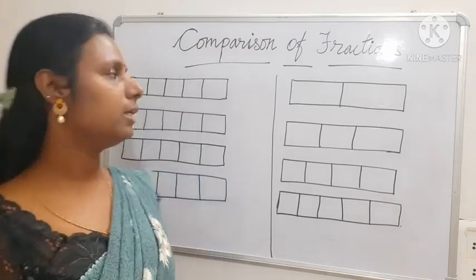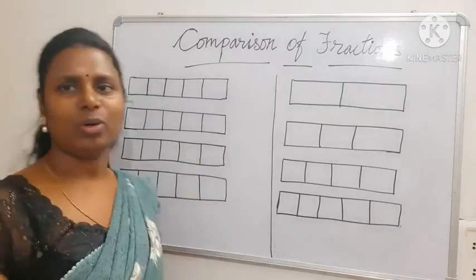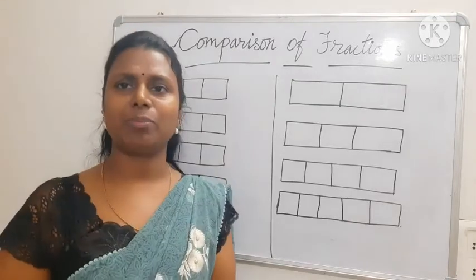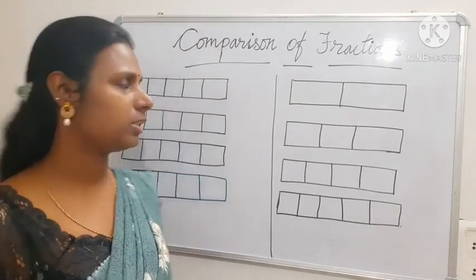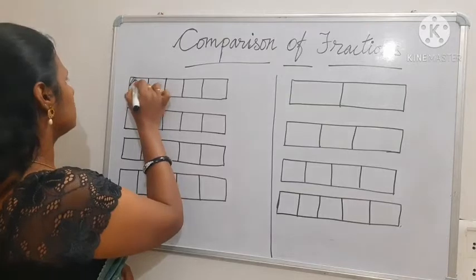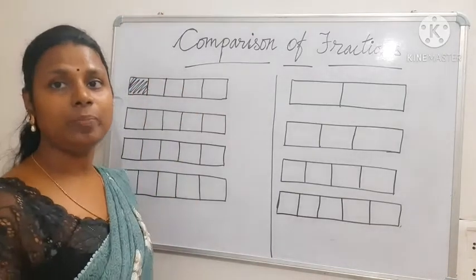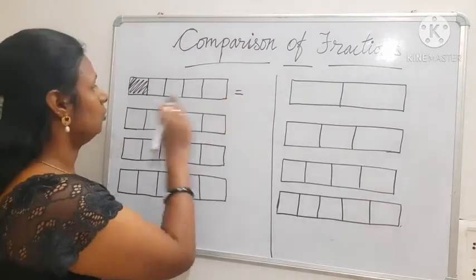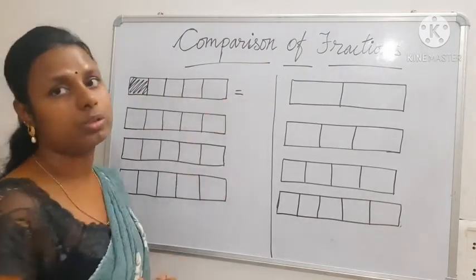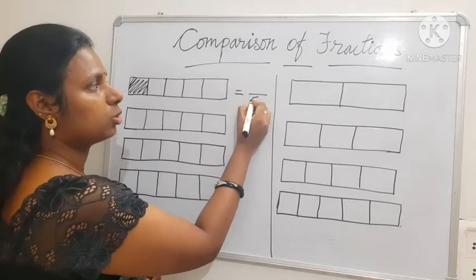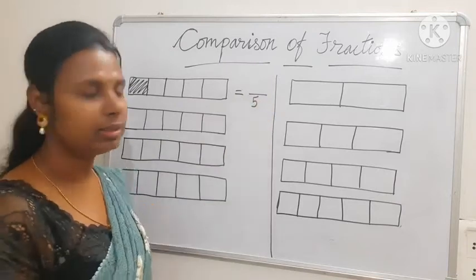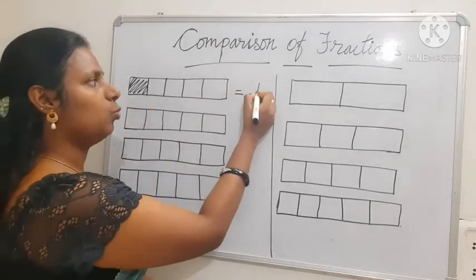Now see here, because it takes time, I have drawn the boxes. Here I am shading one box. So what is going to be the fraction? 1, 2, 3, 4, 5 boxes. Total number is 5, so that is going to be the denominator and the numerator is 1.